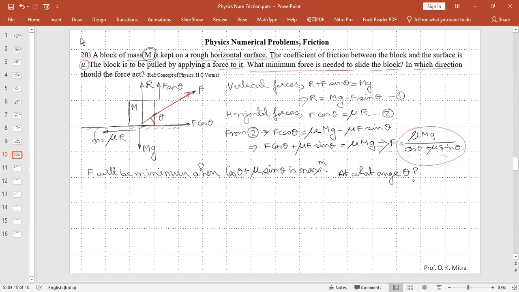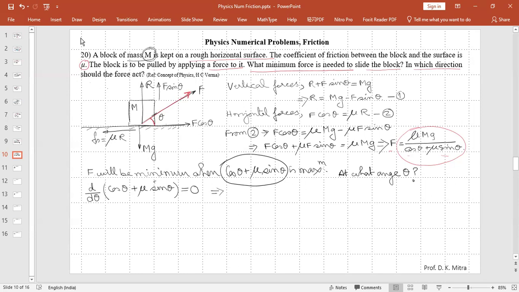If you want to find out at what angle theta cos theta plus mu sin theta will be maximum, we have to find the theta derivative, d by d theta of cos theta plus mu sin theta, and equate that to 0. This comes from your mathematics chapter on differential maxima and minima.